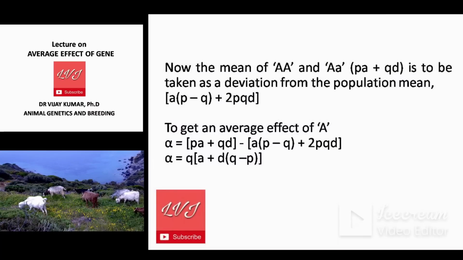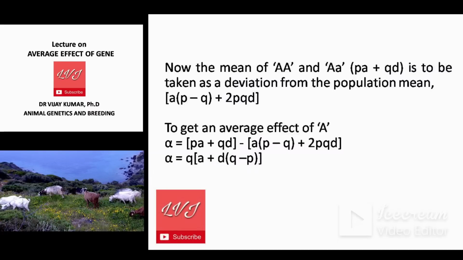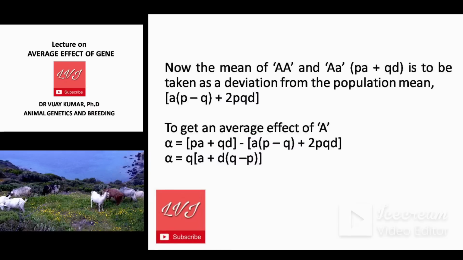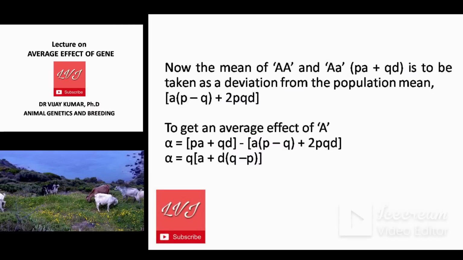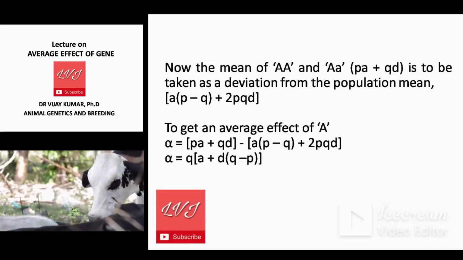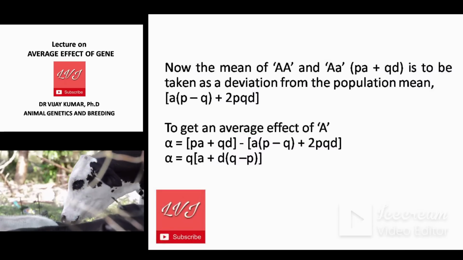Now the mean of homozygous dominant and heterozygous individuals, pa plus qd, is to be taken as a deviation from the population mean, and the value for the population mean is a(p minus q) plus 2pqd.